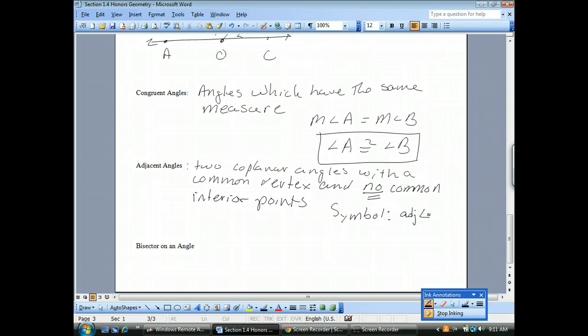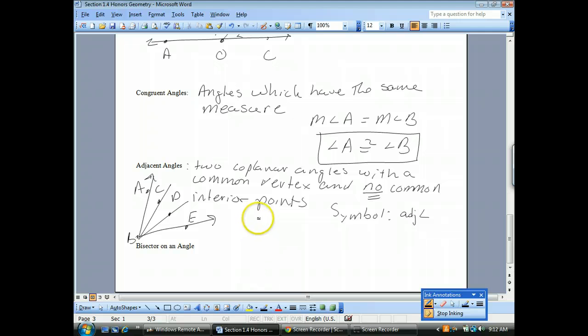Okay, so an example of this: here's A, B, C, D, E, right?